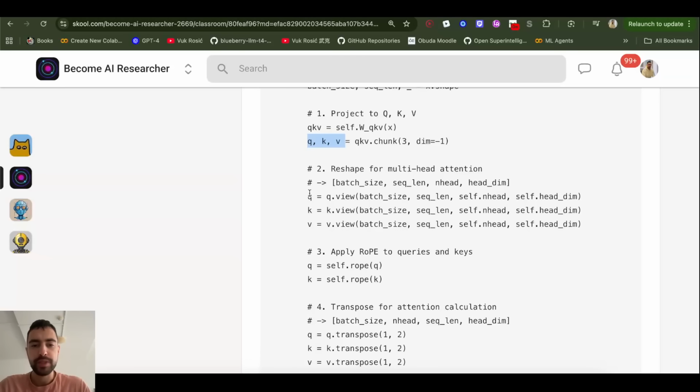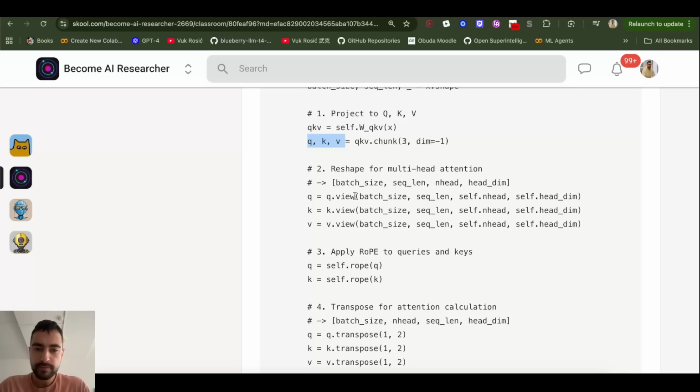And then we need to split query, key and value into heads. As I said, we will split query, key, value into heads, so each head will learn different things. Like maybe one will be about math or calculation or nouns or verbs. The other will do something else.